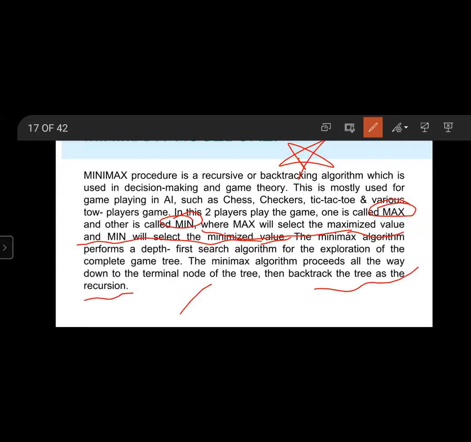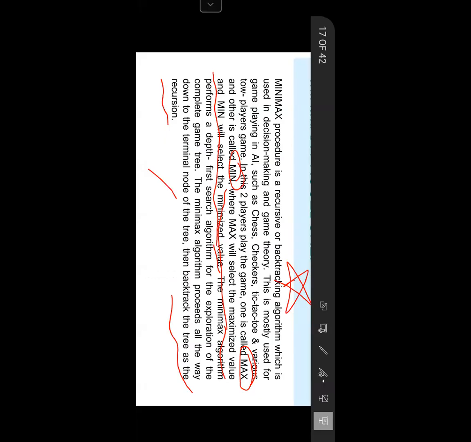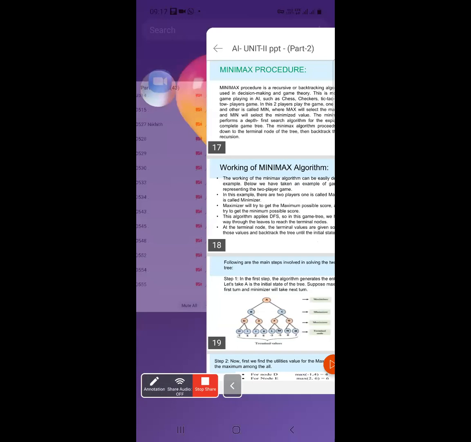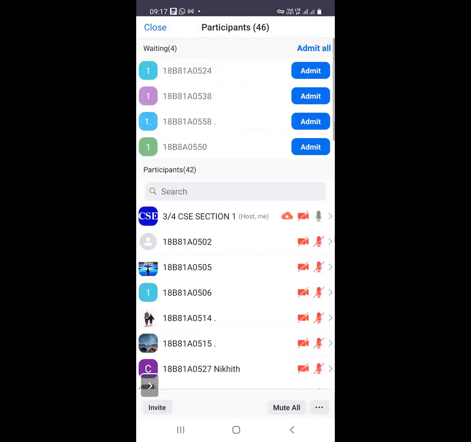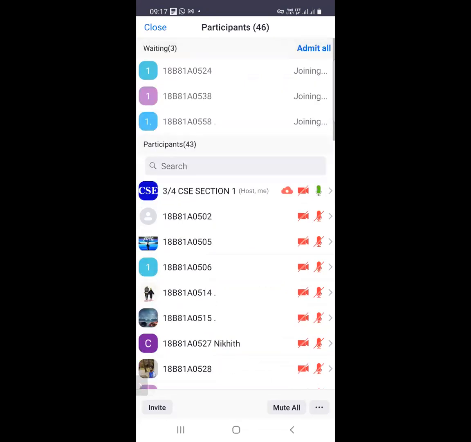This is the min-max procedure definition.